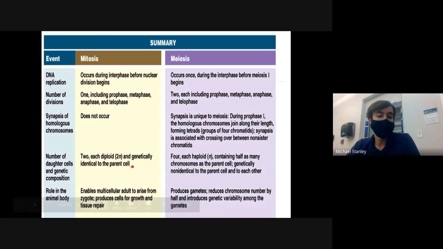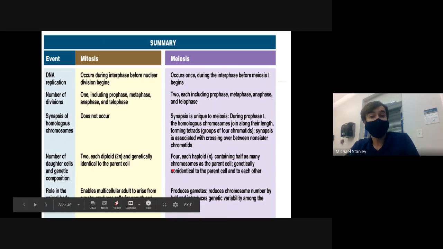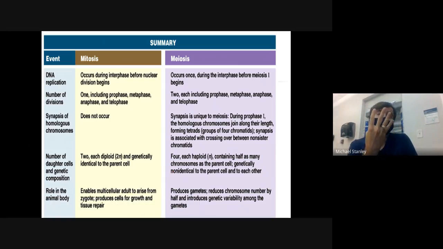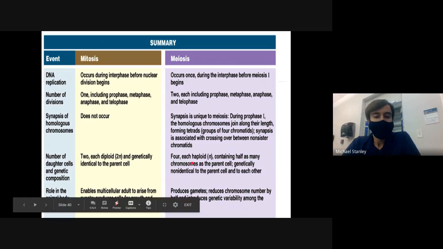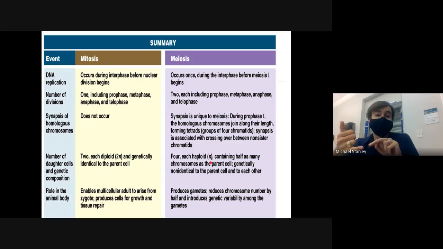their parent. In meiosis, on the other hand, we end up with 4 daughter cells at the end of the process. We had 2 splits, so 1 cell split into 2, and then those 2 cells split into 4. These cells are haploid, so they only have 1 copy of every chromosome.